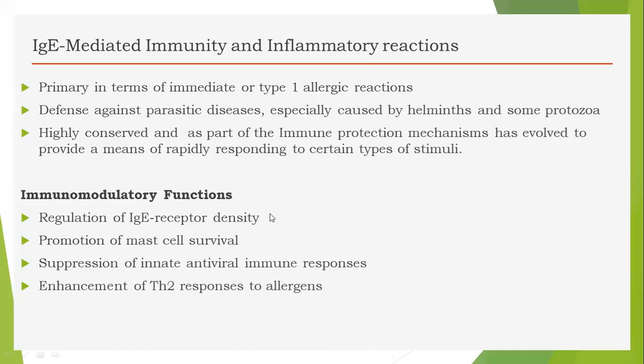And in terms of immunoregulatory functions, we have the regulation of immunoglobulin E receptors, promotion of mast cell survival, suppression of innate immune responses, and enhancement of T cell responses to allergen. All these are part of the immunoregulatory functions of immunoglobulin E.